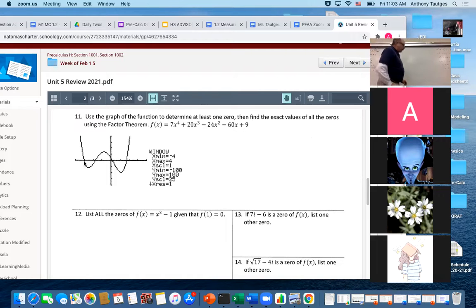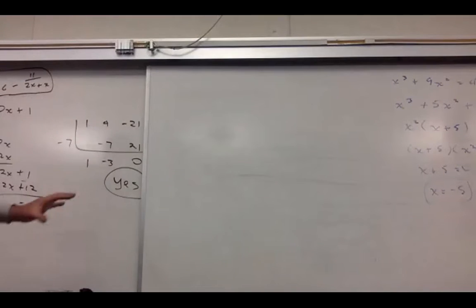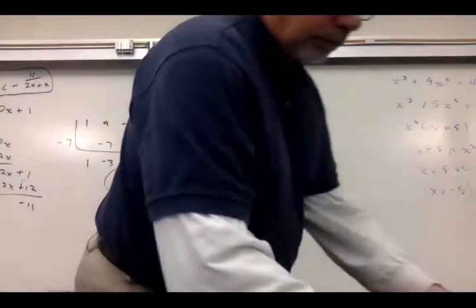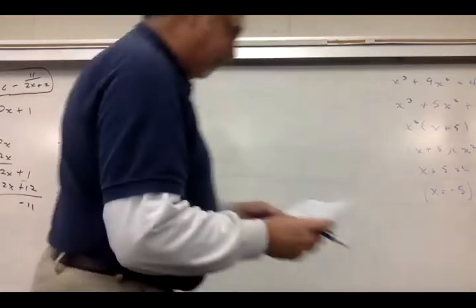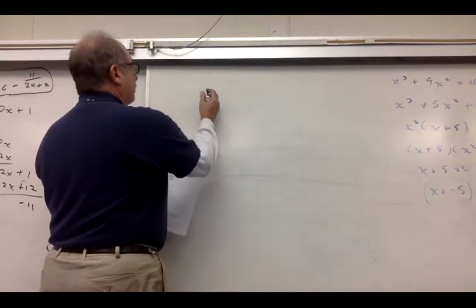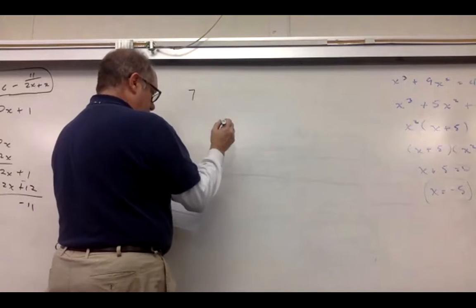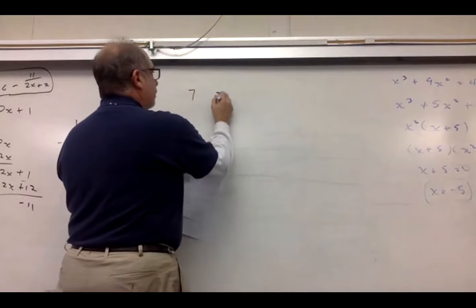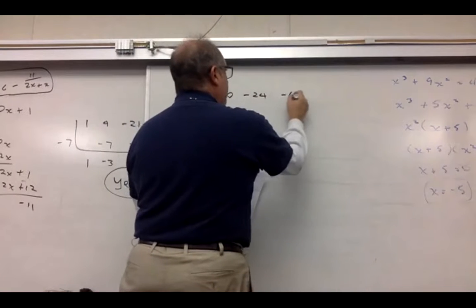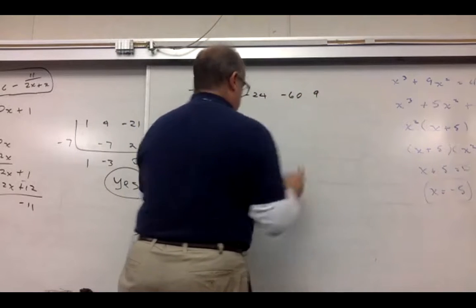Okay, so since -3 is a factor, I know that if I do the same business that I just did earlier, I can get another equation that I may be able to factor. So using the coefficients of the given function, 7, 20, positive 20, negative 24, negative 60, and positive 9.